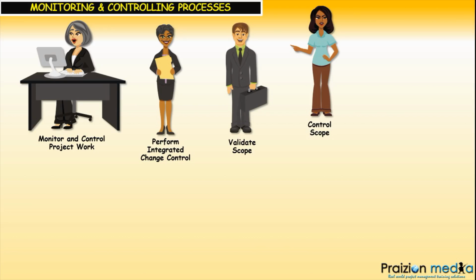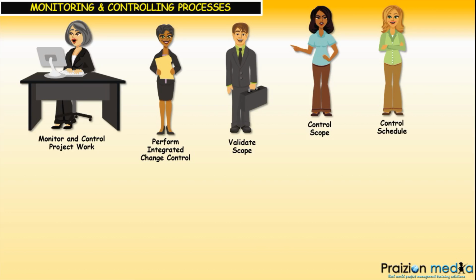Control scope is where the project manager ensures that no one is adding extras, no one is gold plating, and that there's no scope creep. And if there is, if someone's trying to add extras, those extras or those requests must be funneled through the perform integrated change control process that we've just talked about.